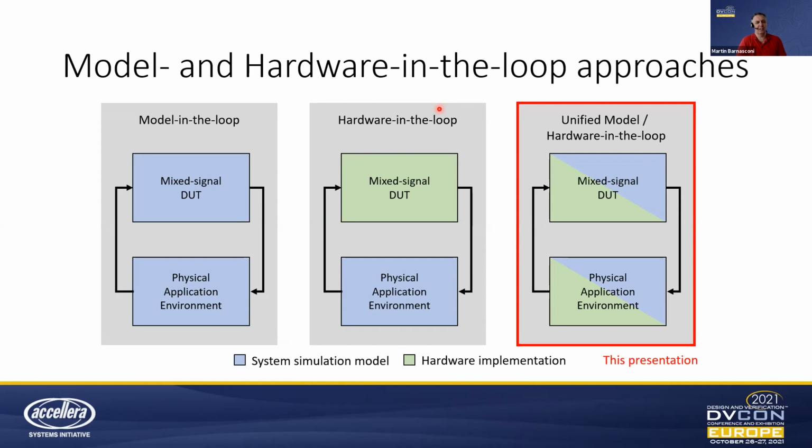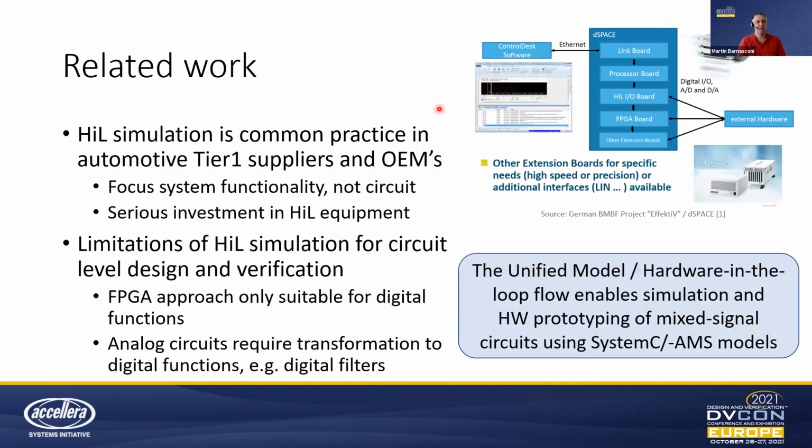So the technology available today, where we have processors and FPGAs in a single die or on a single board, allows us to go this route into a unified model hardware in the loop flow. Some related work, I think here COSEDA has done already quite some years of studies and gained a lot of knowledge. So I hand over to Paul to give an overview of the related work activities.